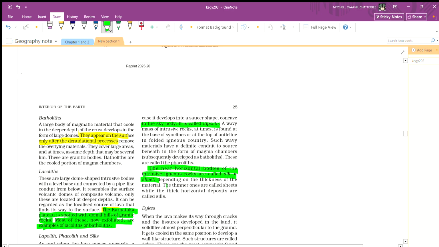The thinner one is called a sheet because it is like a sheet, while the thicker horizontal deposit is called a sill.